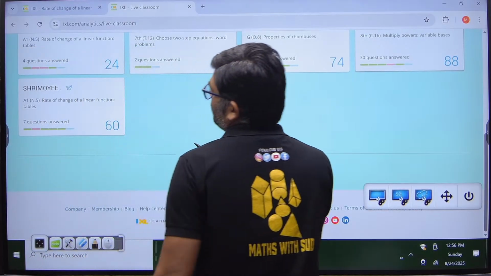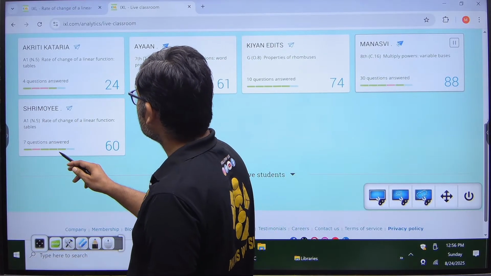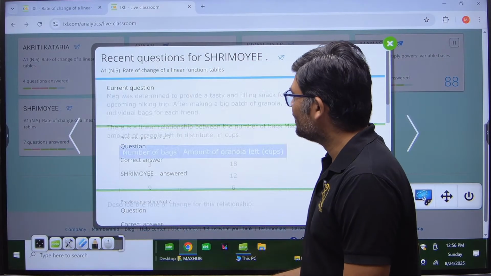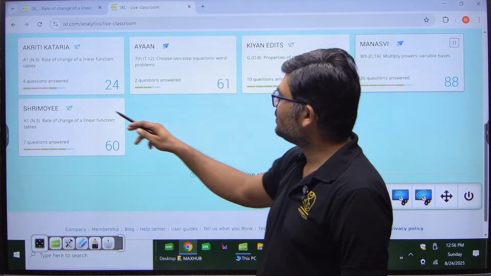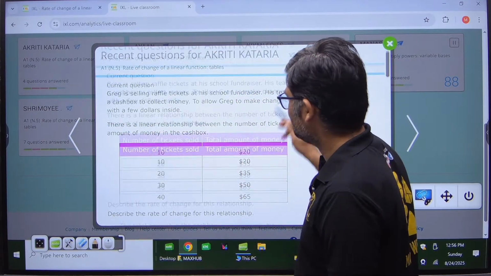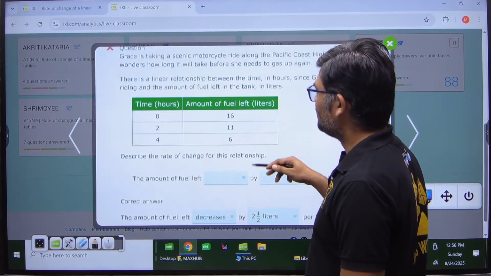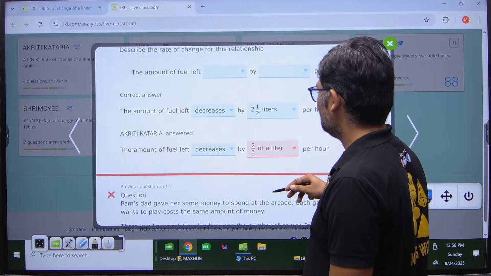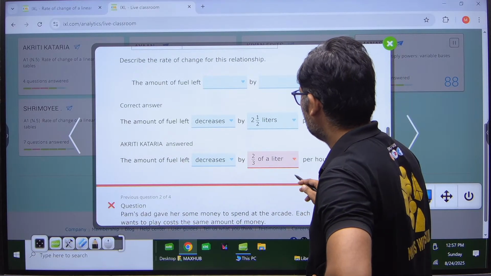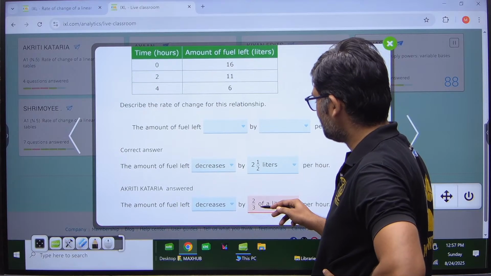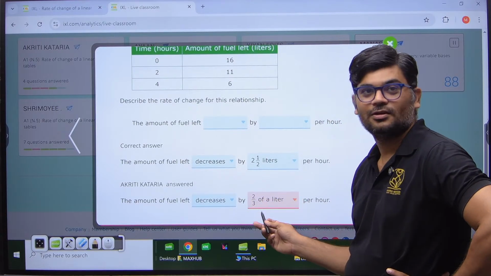So great going. Shrimoy is understanding the concept more quickly. Well done. Akriti has made 2 mistakes, but covering up 2 by 3 of a liter, 2 and 1.5. Okay, how did you get 2 by 3 here? Where is it?